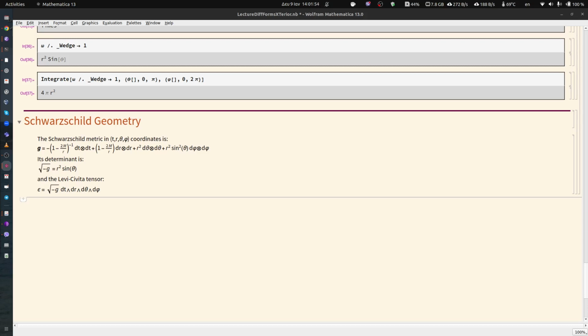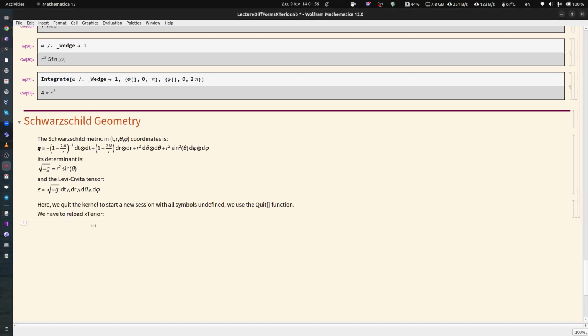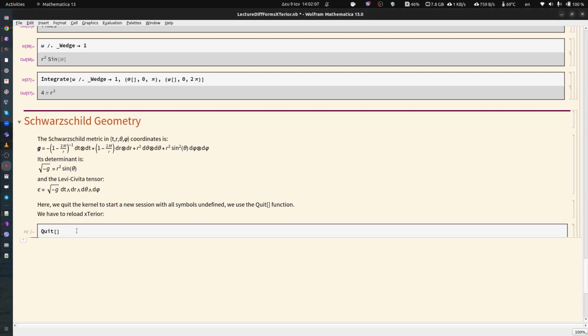So now we want to start a new xTerior session. So we want to erase all symbols that have been defined before, so we use the function Quit. The function Quit will not quit your notebook, don't worry, but it will quit the kernel. So all the definitions that we have already done before will be erased.